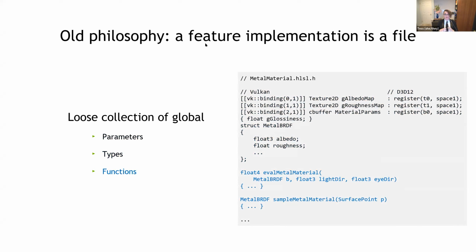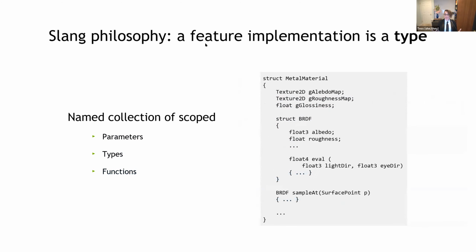And really all we are changing at the most basic level in Slang's approach is that we want to allow a world where a feature implementation is a type. That means it still contains parameters, types, and functions, but it is now something that can be named and provides a scope to its contents.